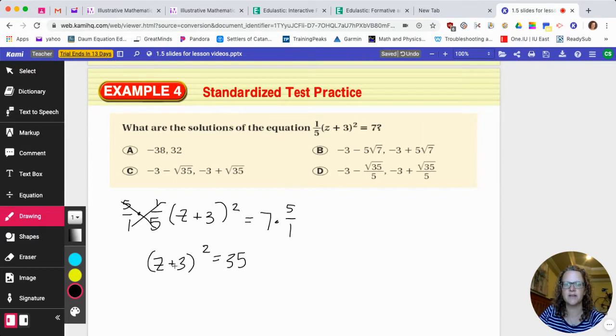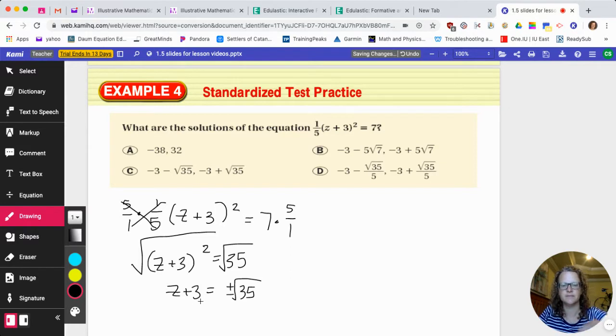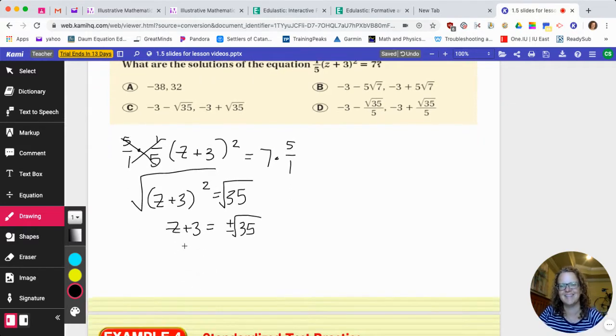Now I have a square here, and the z is inside of it. So I can actually take the square root of that side and the square root of that side. And I'm left with z plus 3 equals plus or minus root 35. Almost done. Add 3 to both sides. Nope.